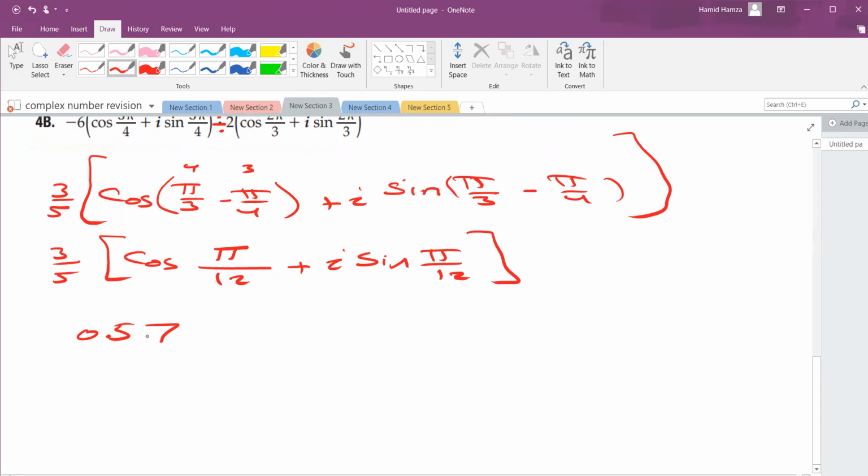And the sine part is 0.15. All right, so this is the number in rectangular form. So any question?